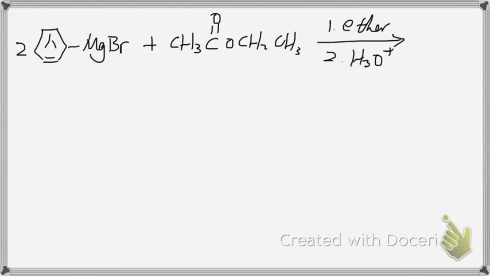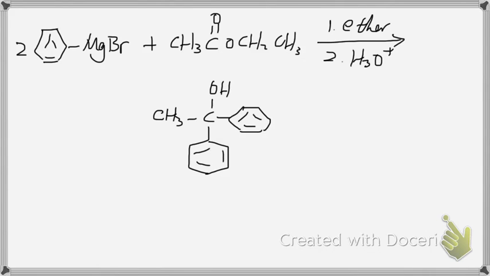And the carbon the OH is attached to will have two identical alkyl groups. Both of them are from the Grignard reagent. So here is the product. Two phenyl groups will be attached to the carbon where the OH is. All right?